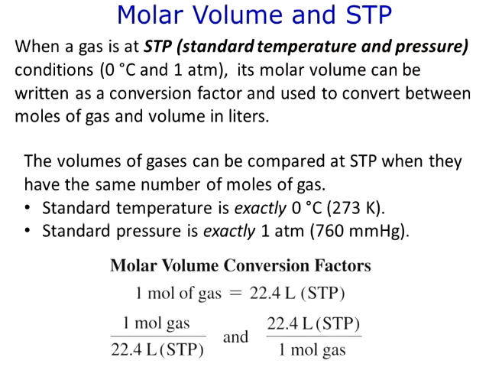Okay? Now, the volumes of gases can be compared at STP when they have the same number of moles of gas. And that's very important, and you're going to see how to do that. Again, note that standard temperature is exactly 0 C, which is 273 K. Standard pressure is exactly 1 atmosphere.